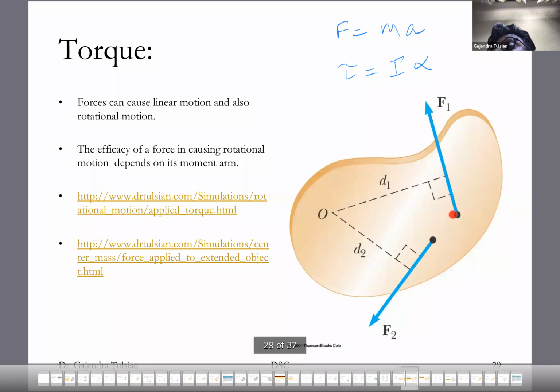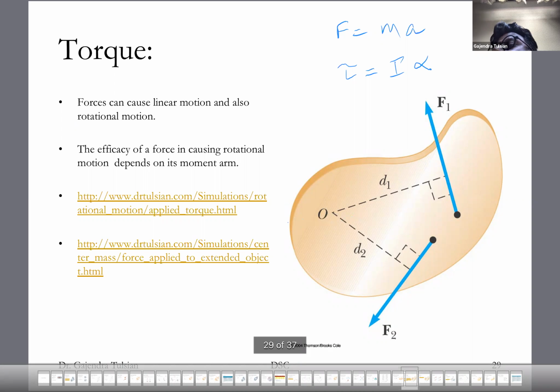Now you can take the same force and shift it around. For instance, if force F1 was pointing like that, you can see that the moment arm is that. Let me do a better example.